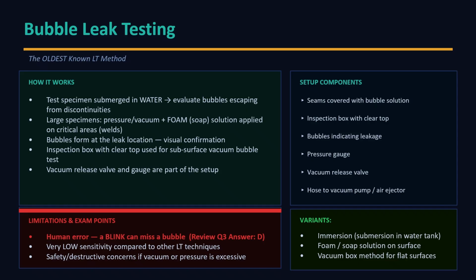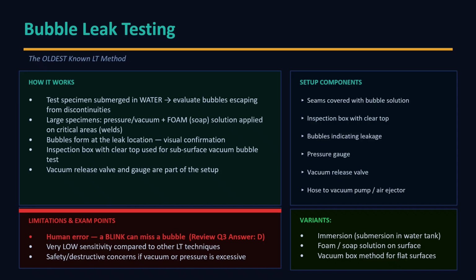The principle is straightforward. A pressure differential exists across the component. If gas escapes through a leak and passes through a liquid or soap solution, bubbles become visible. And those bubbles indicate leakage.